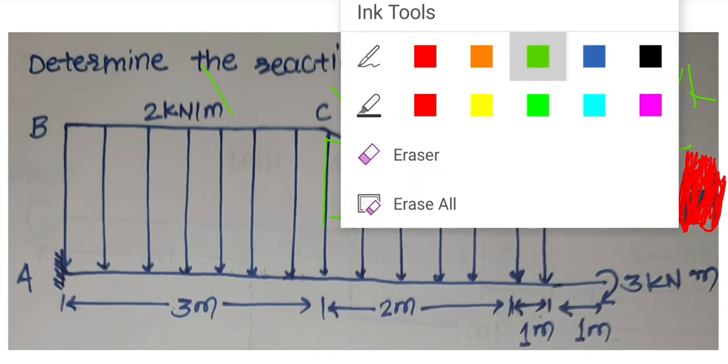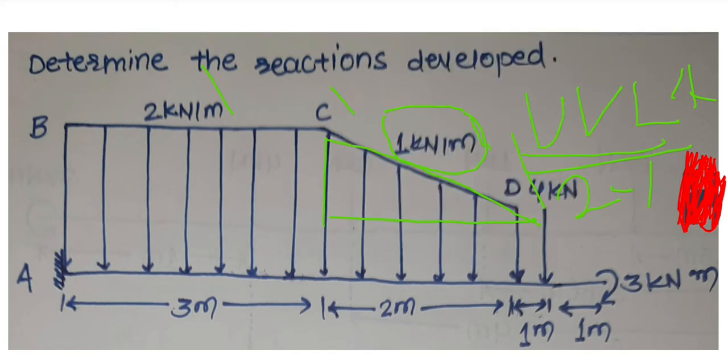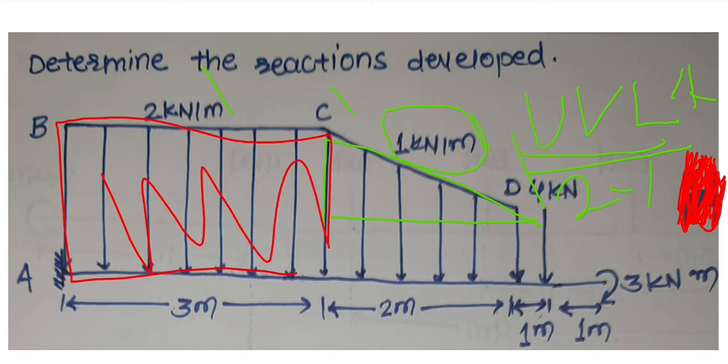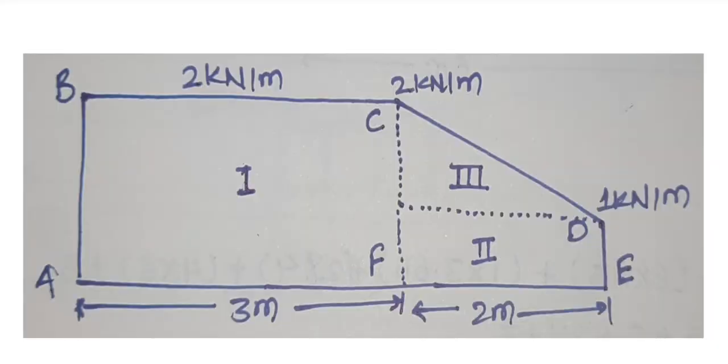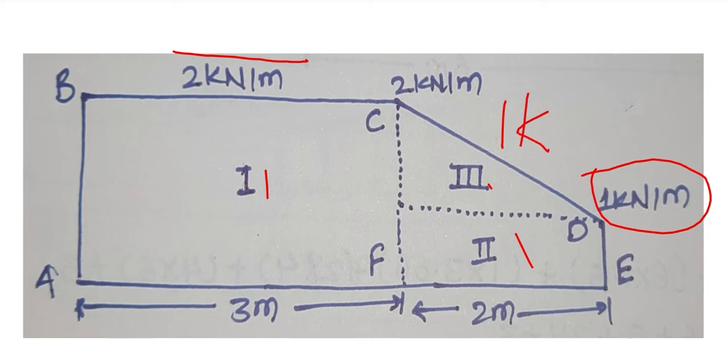So this first part is a uniformly distributed load of 2 kN per meter, this second part is a uniformly distributed load of 1 kN per meter, and this third part is a uniformly varying load of 1 kN per meter.